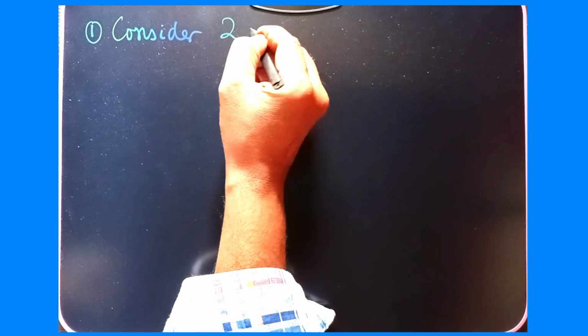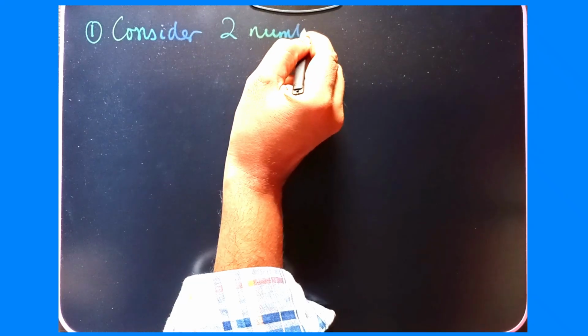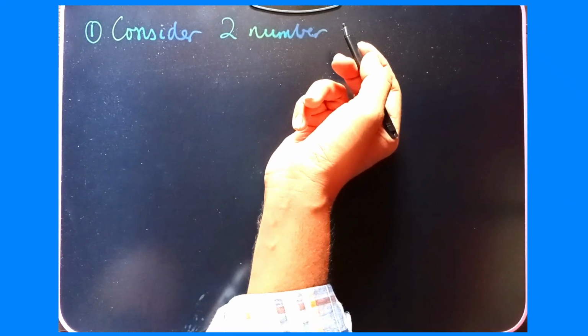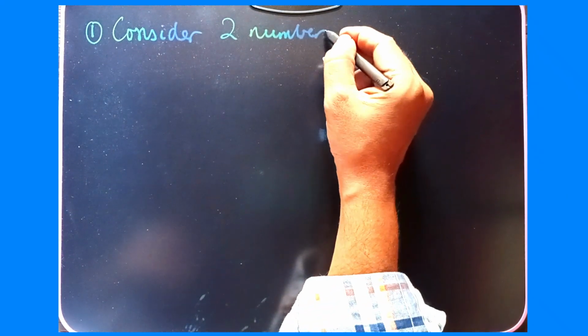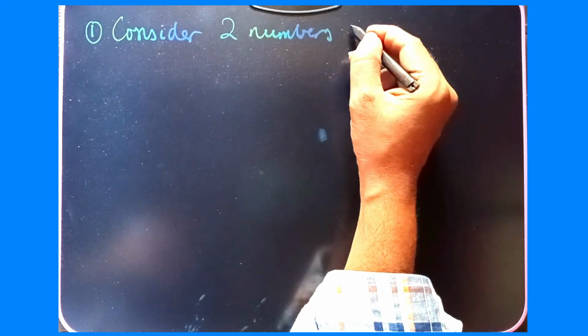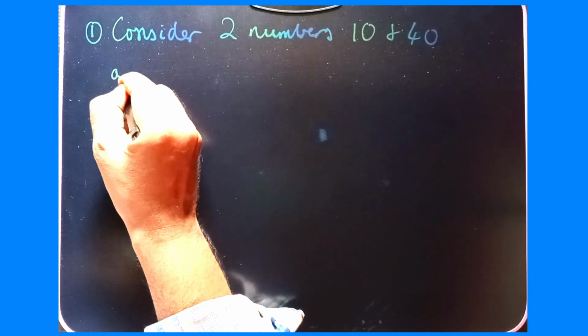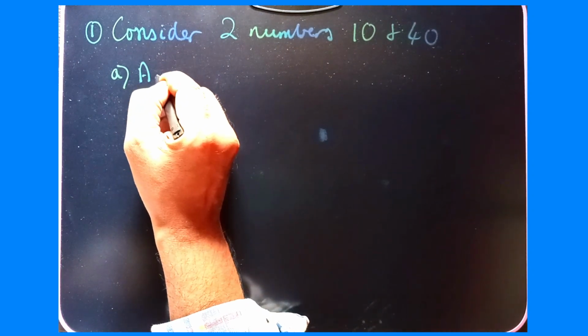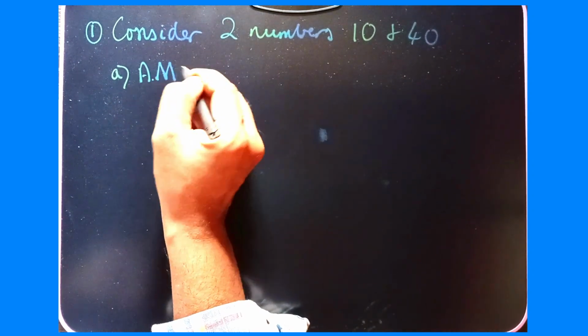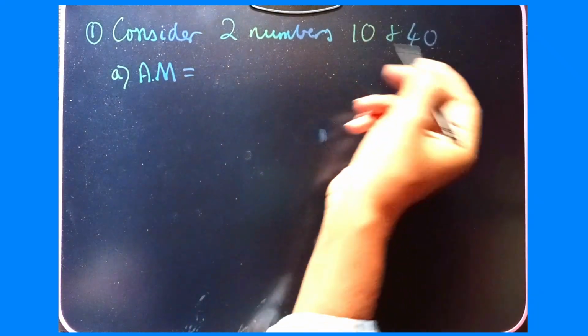Consider two numbers, 10 and 40. So what is their arithmetic mean? Arithmetic mean is the average, right?